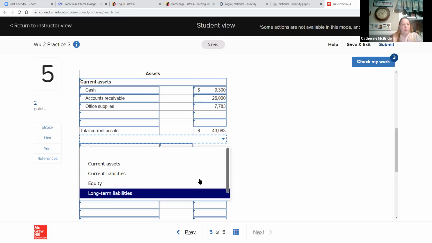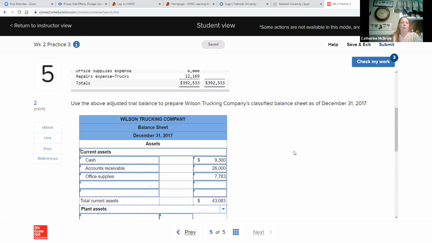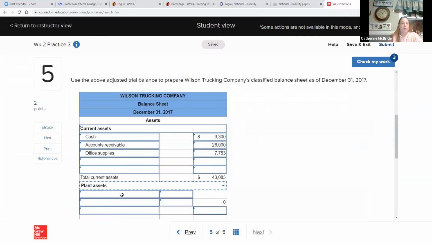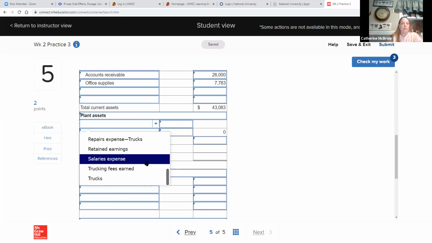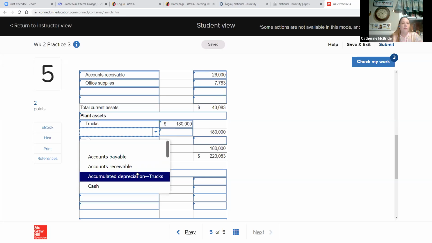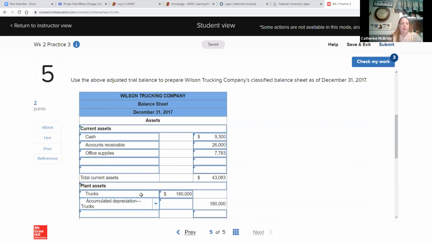Now we're going to do plant assets, because that's what truck is. So truck is 180,000, less the accumulated depreciation, which is 37,080.